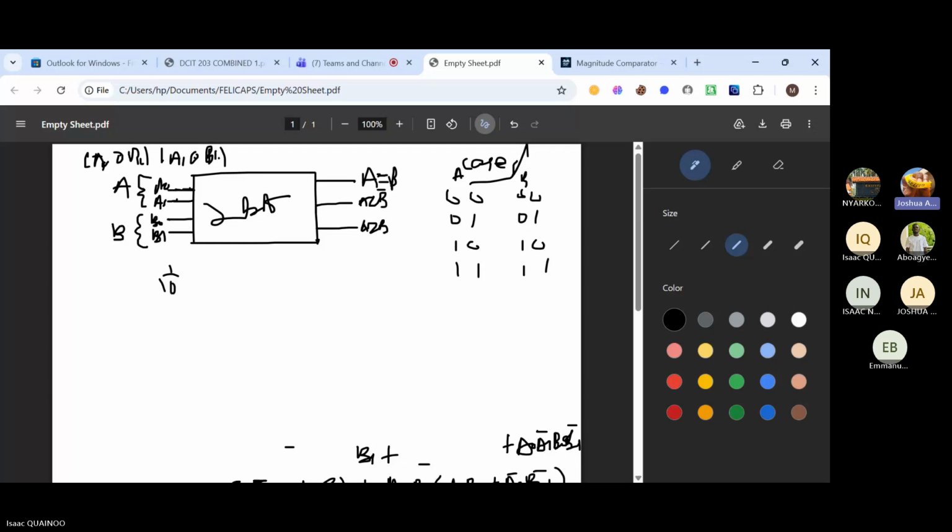B is 0 and 1, okay. So when A is 1 and 0, and then B is 0 and 1, we can say here that A will be greater than B, right? Because 1 and 0 is greater than 0 and 1.